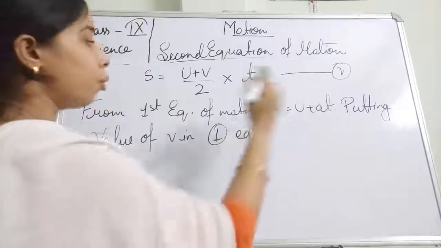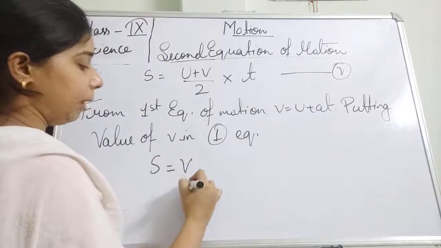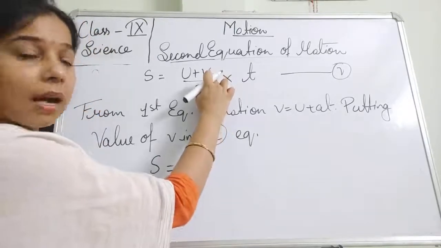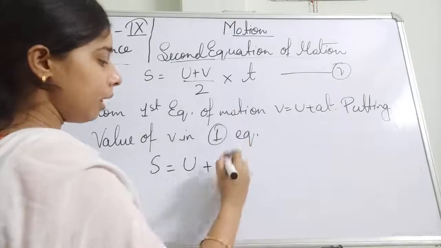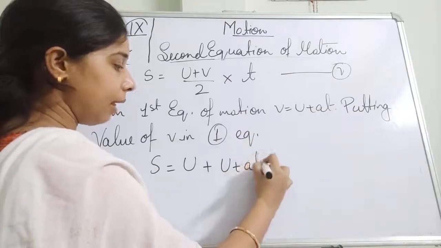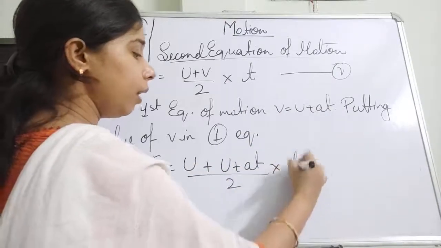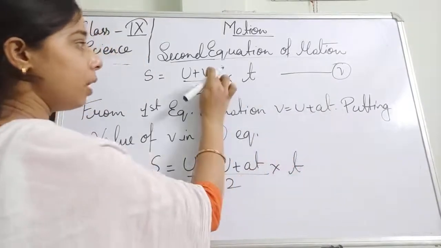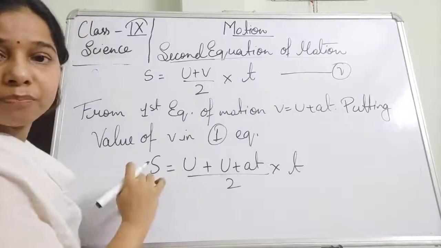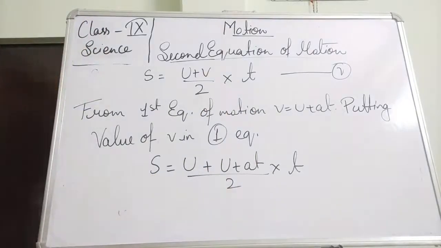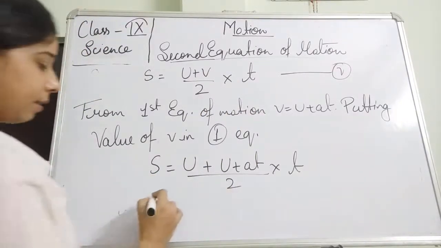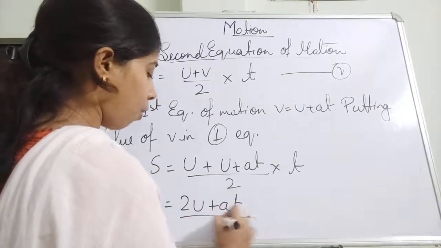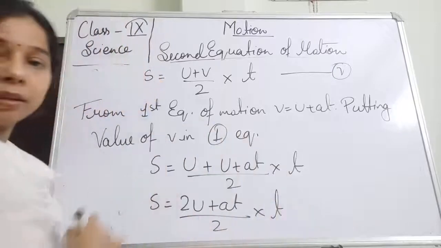So S is equal to (u plus v) upon 2 into t, and we know that v is equal to u plus at. So we can write it as (u plus u plus at) upon 2 into t. Right? This u plus at came from the value of v we have put here. Now this will become S is equal to (2u plus at) upon 2 into t. Right?